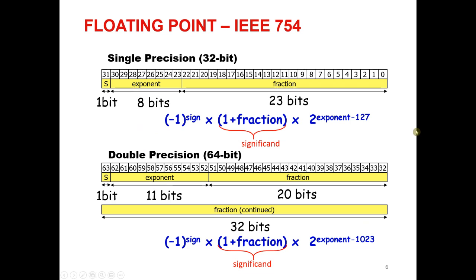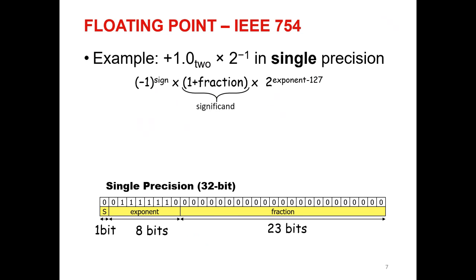Similarly, for double precision, what we do is extend the number of bits devoted to the exponent. So here for double precision, we have 11 bits, and for the fraction, we have in total 53 bits.